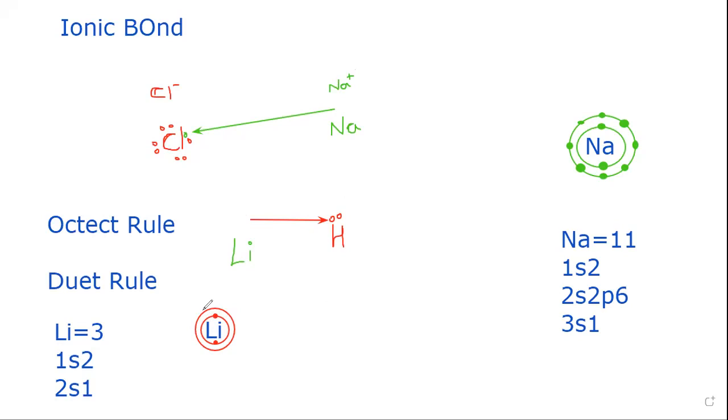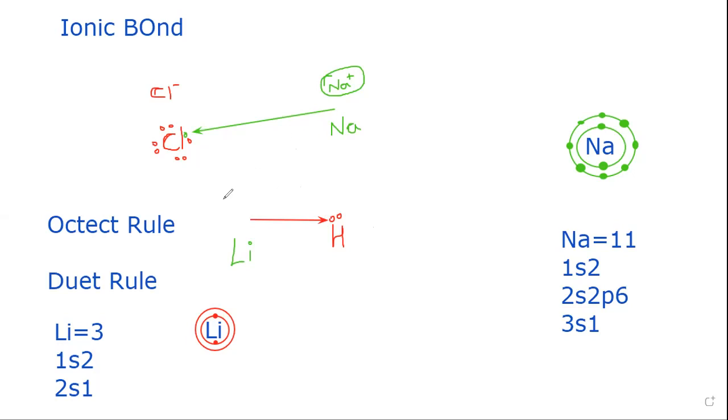All right, the same thing happens here. Now, which one do you think is going to be the positive ion? Remember now, this is no longer an atom. This is now an ion, a positive ion, and this is a negative ion, remember. Now, which one do you think is going to be the positive one here? The hydrogen that received the electron or lithium that gave the electron? Which one is going to be the positive?